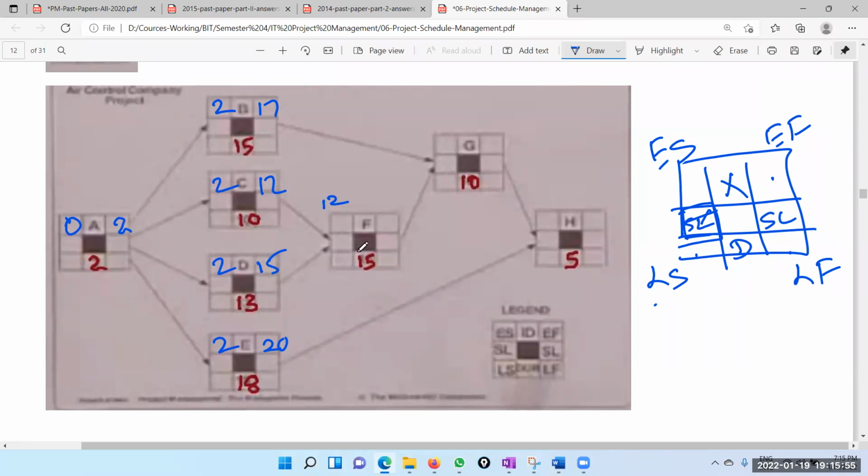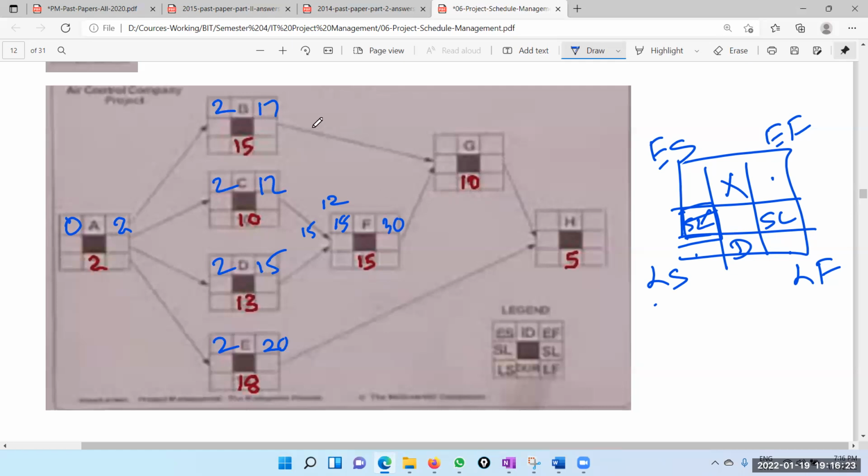We have to finish this to start this. So from here, the earliest start is 15. So remember, in the forward pass, we have to take the bigger one, because just because this is finished, we can't start it, because it depends on both. So we have to wait until both are done. So the earliest start is 15, and 15 plus 15, the earliest finish is 30, because this is the duration.